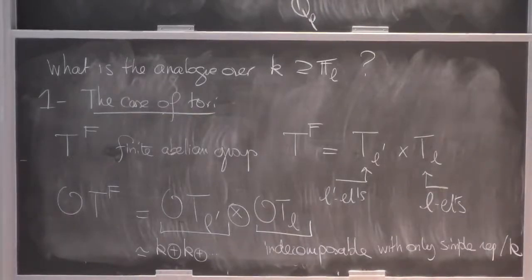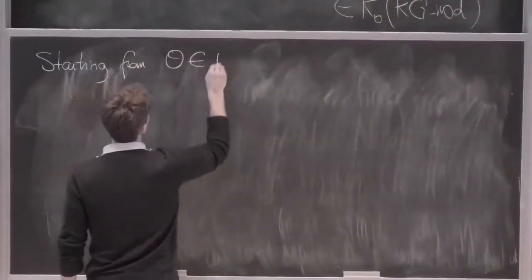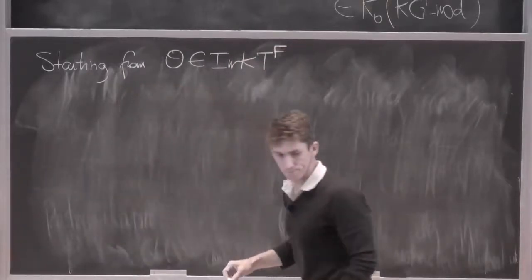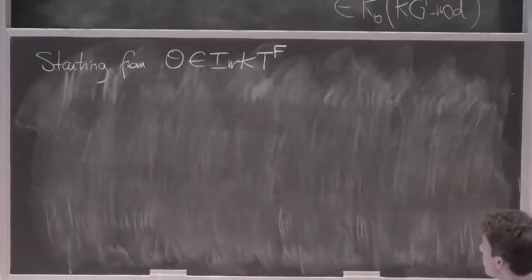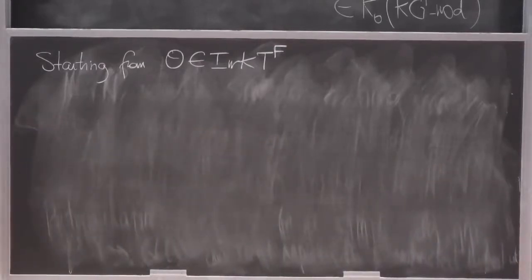Okay, so let me be more precise about this one. If I start from a character in characteristic 0 of the torus, what I can do is restrict it to a character of this subgroup.